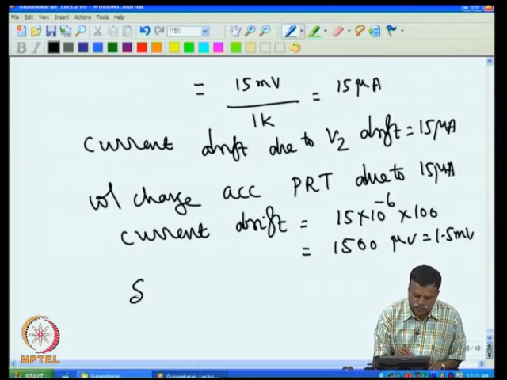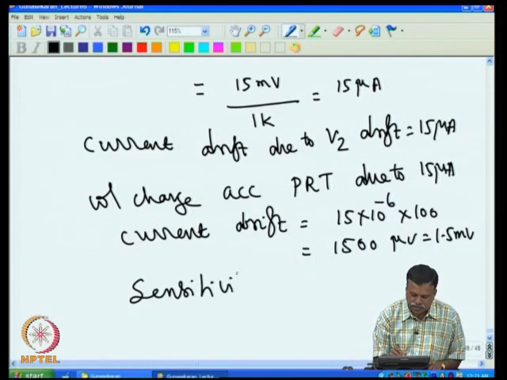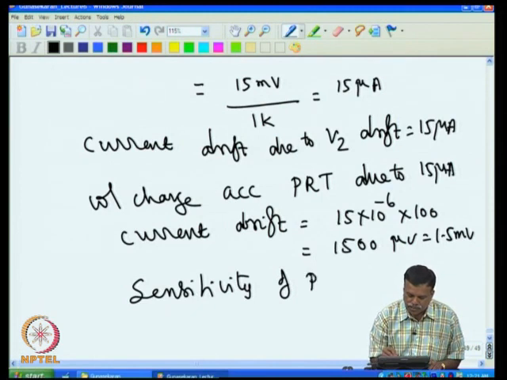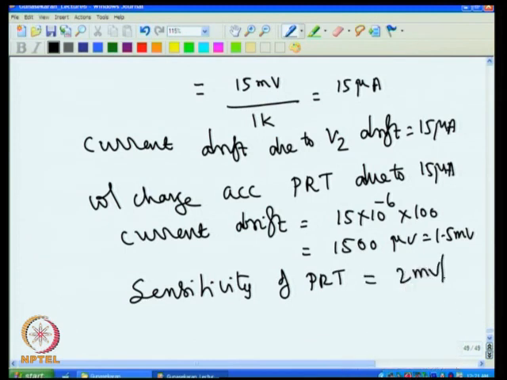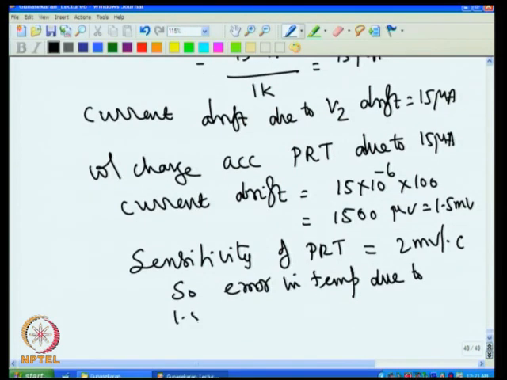So, sensitivity of PRT in this case is equal to 2 millivolt per degree C. So, the error due to 1.5 millivolt drift will be 1.5 by 2, that will be equal to 0.75 degree C error.